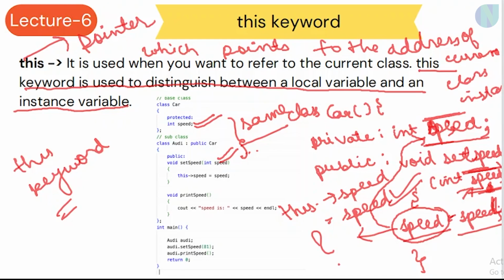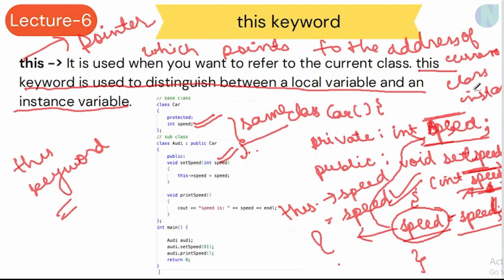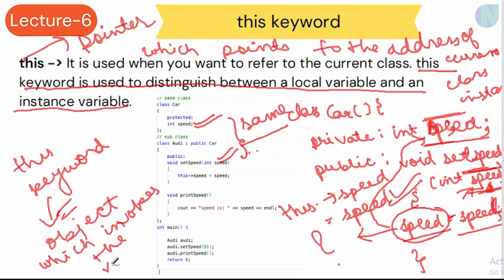So this is a pointer variable which points to the object which invokes the member function.